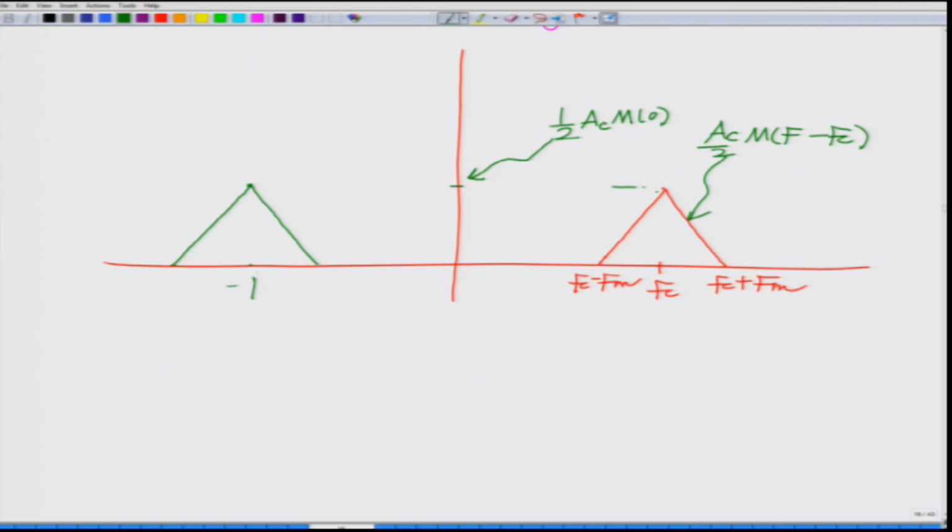This is minus f_c, minus f_c plus f_m, minus f_c minus f_m, correct. So, this is the image, and this corresponds to A_c by 2 M(f plus f_c), that is the spectrum M(f) shifted to minus f_c and scaled by A_c by 2.